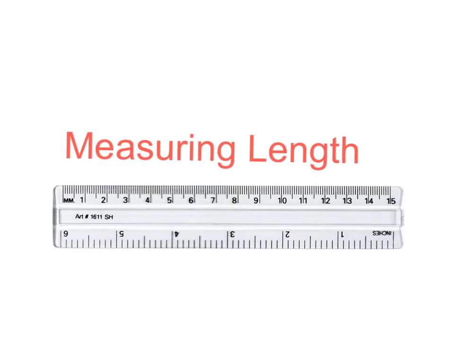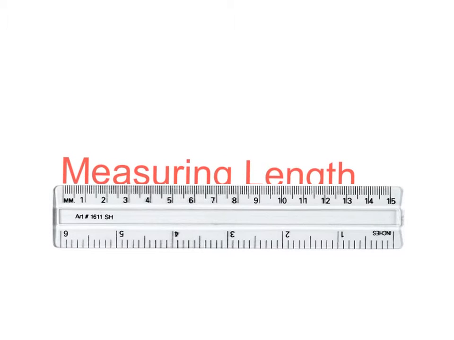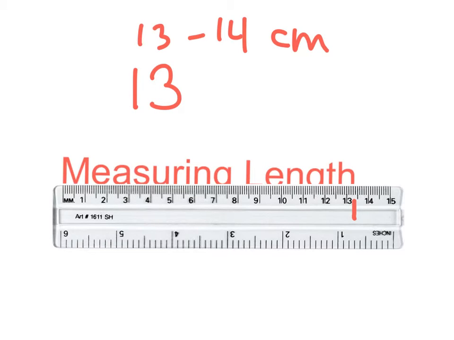Let's try one more. Alright, here we go. I'm going to measure my measuring length sign, starting at the 0. And I see that it goes up to about that line. So it's in between 13 and 14 centimeters. So what we can say is it's longer than 13, so it's 13, and then how many millimeters? Well, if I count closely, 1, 2, 3, 4, about 4. So it's 13.4 centimeters.